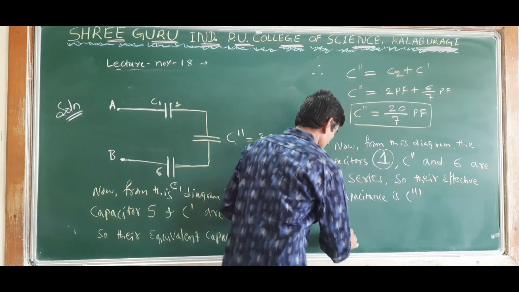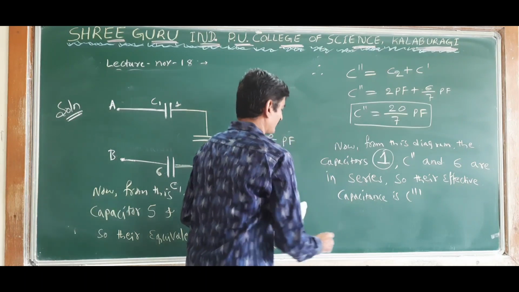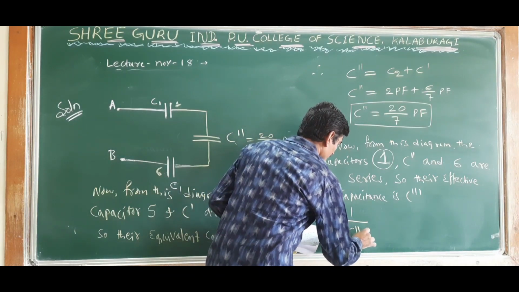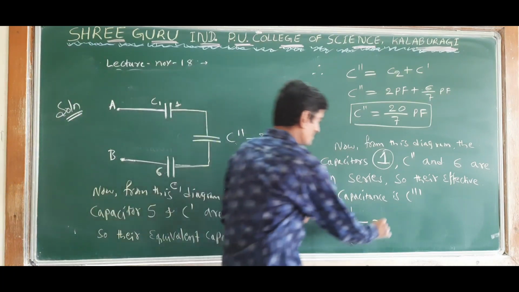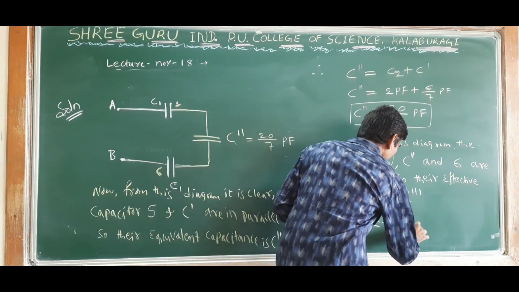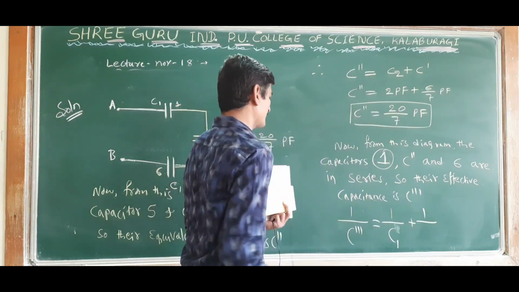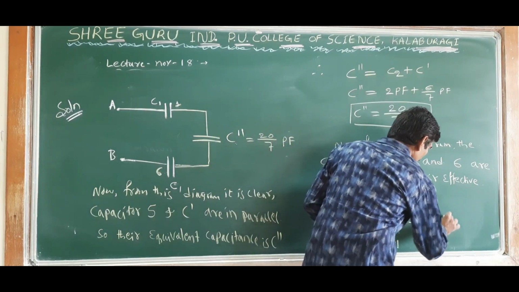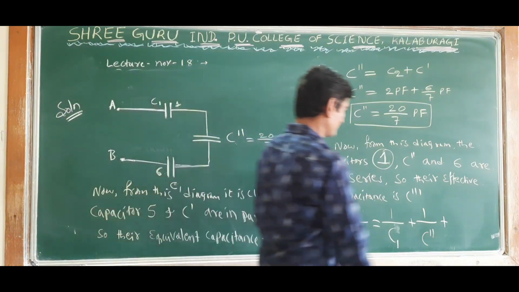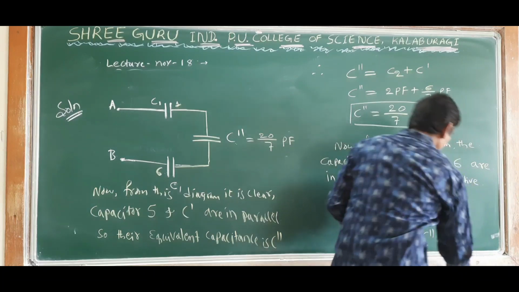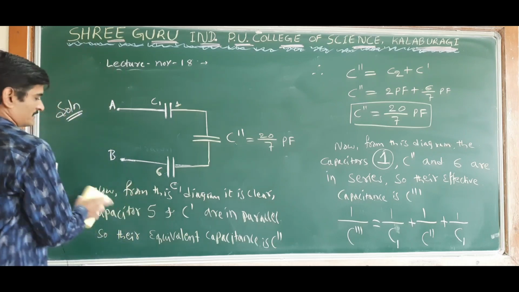is C triple dash. Since it is series, 1 divided by C triple dash is equal to 1 by C1 plus 1 divided by C double dash plus 1 divided by C1. Okay, this is C1 only.